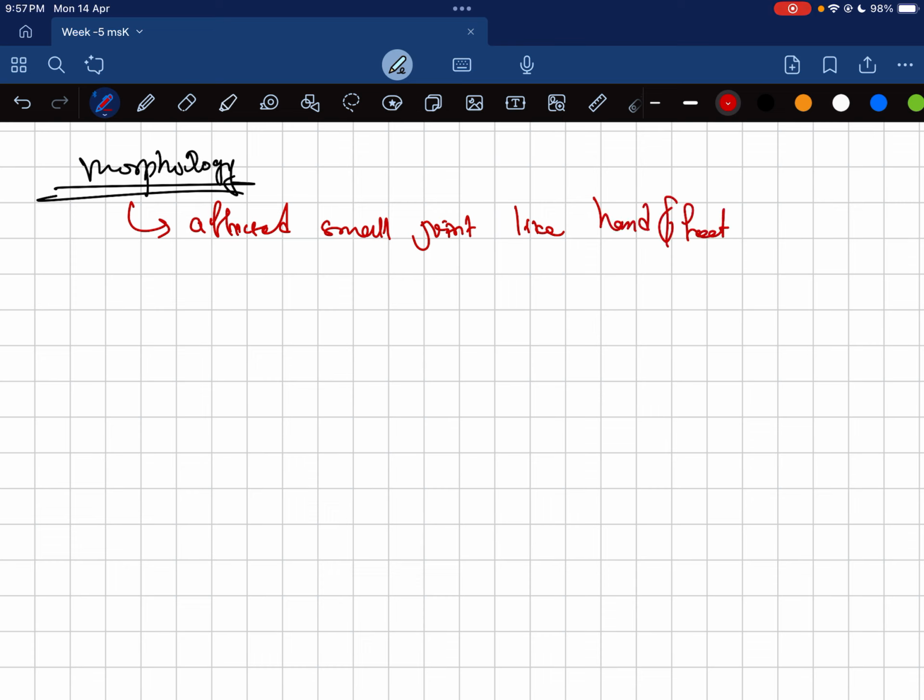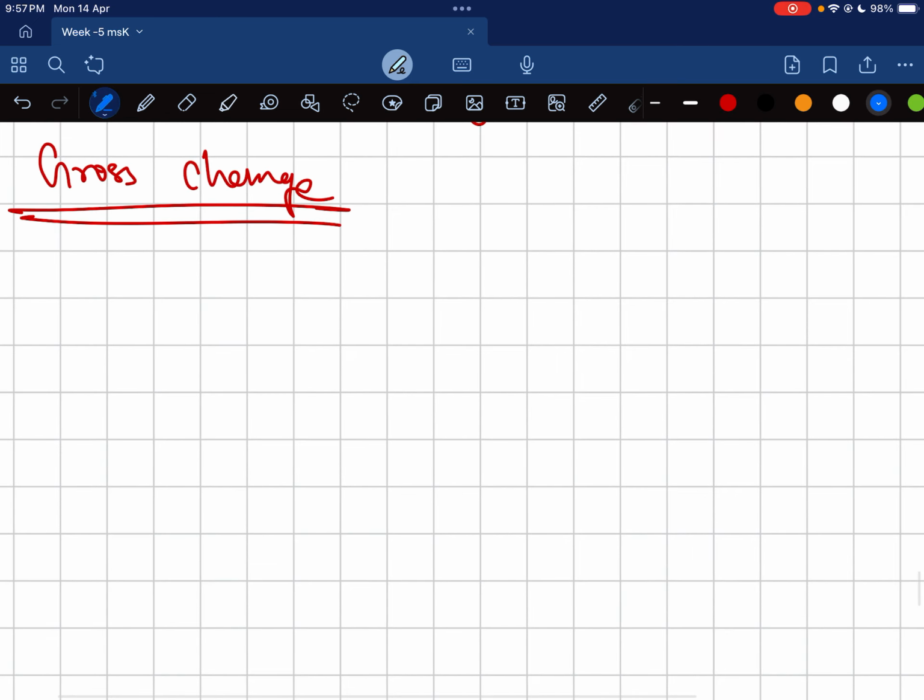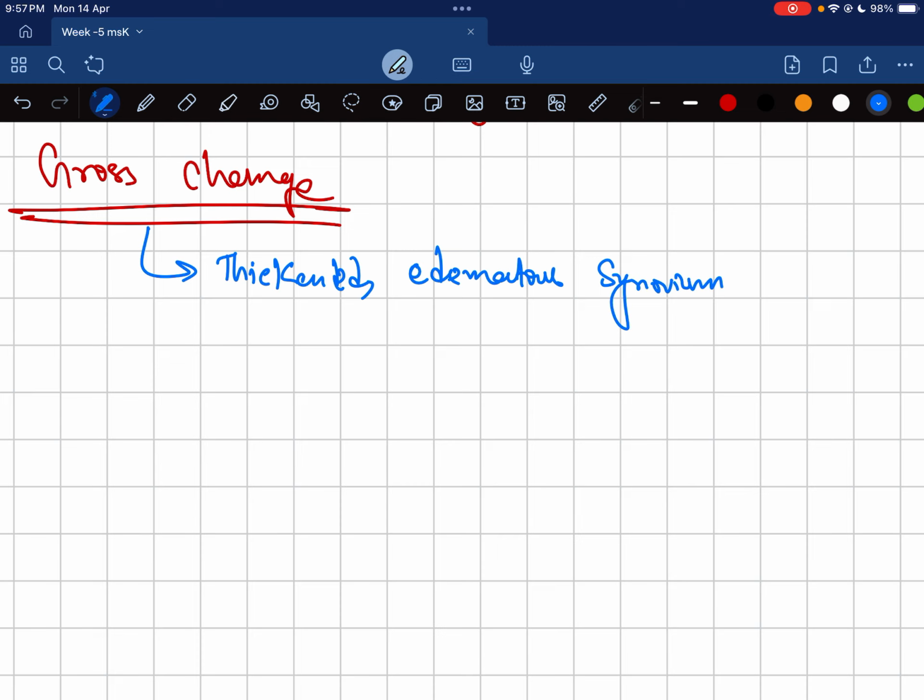When we look at the gross change, there is thickened, edematous synovium that forms villi.